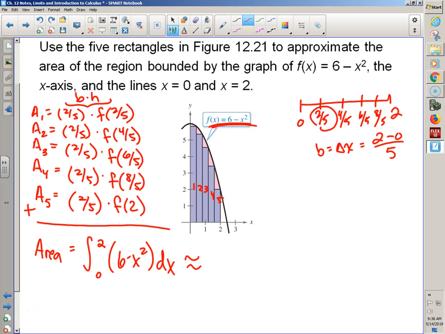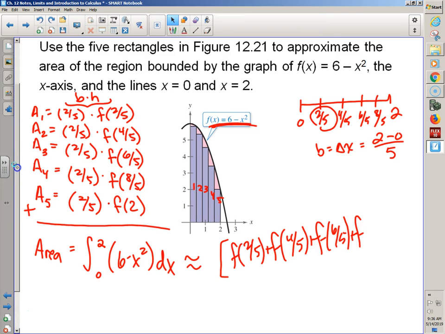Could I write out all of this here? Yeah. But what do you guys see is common for all of them? 2/5. So maybe instead of writing it all out, I'm just going to write f of 2/5 plus f of 4/5 plus f of 6/5 plus f of 8/5. Come back.